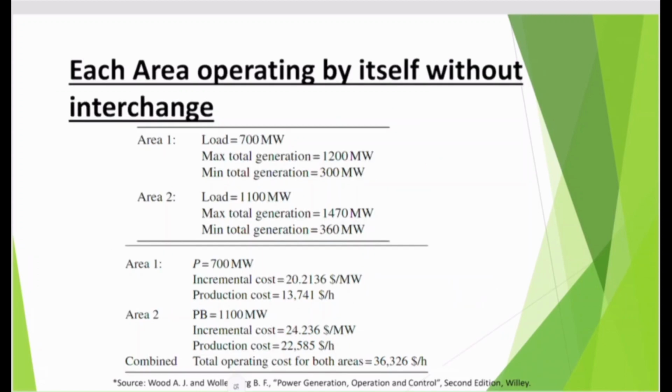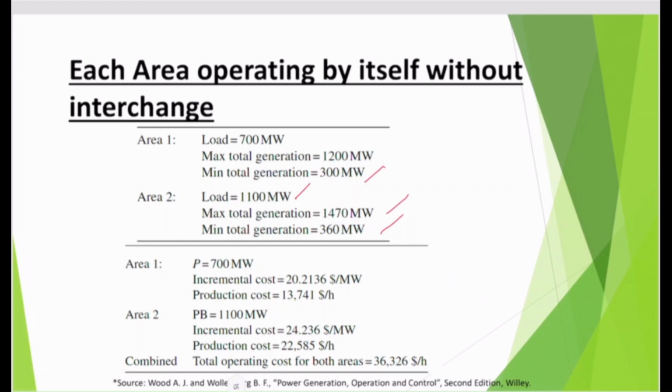So these are the descriptions. For area number 1, the load is 700 megawatt, maximum total generation is 1200 megawatt, and minimum total generation is 300 megawatt. Similarly, area number 2 has a load of 1100 megawatt, maximum total generation of 1470, and minimum total generation of 360 megawatt.